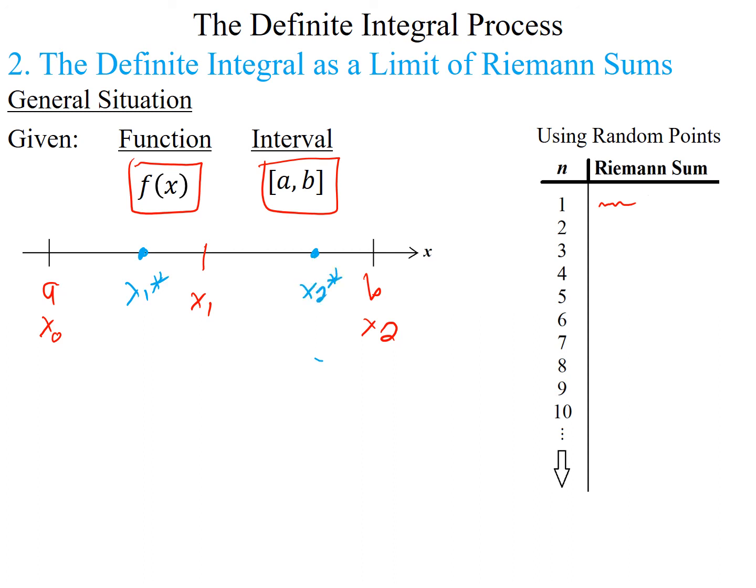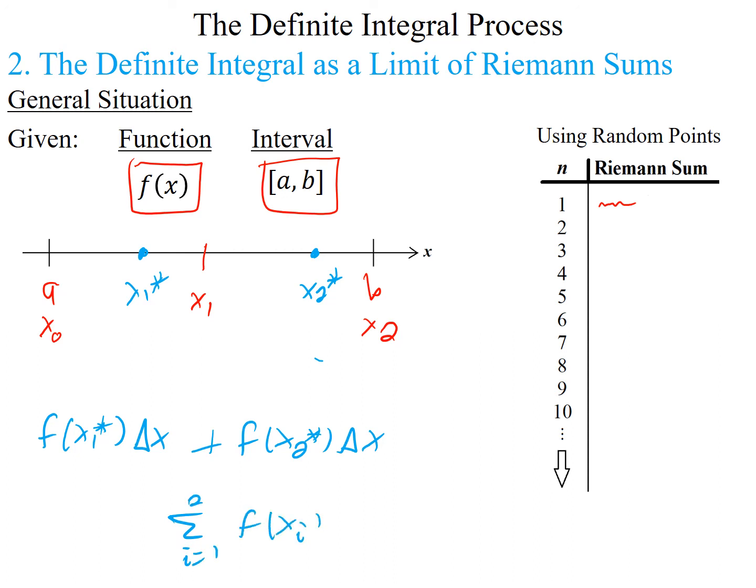And you build the corresponding Riemann sum, which is f of x1 star times delta x. Delta x is different now because I have 2 subintervals. And then f of x2 star delta x. Don't forget the compact notation for that is the sum from i equals 1 to 2 of f of xi star delta x. Anyway, whatever number you get, that goes here.